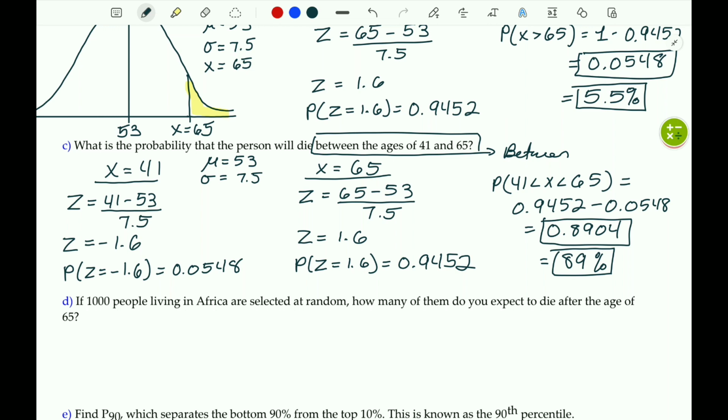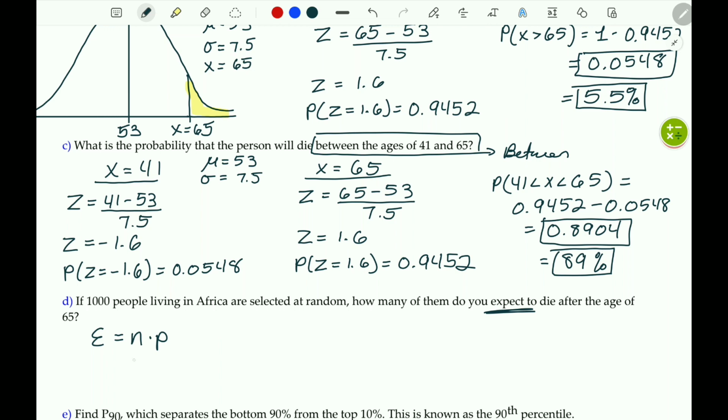We want to see how many would we expect to die after the age of 65. We're going to use the expected value formula, but there's only one event that's going on. So E is going to equal N times P. N is the sample size, P is the probability.